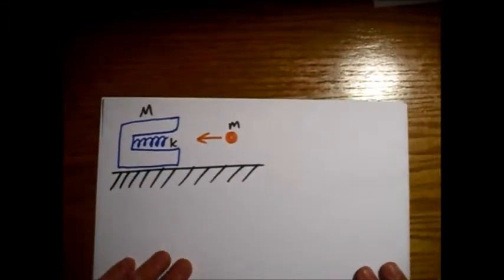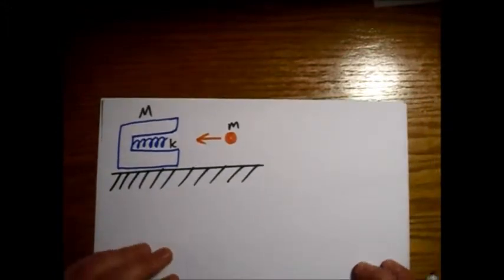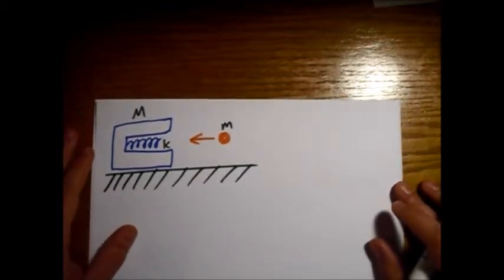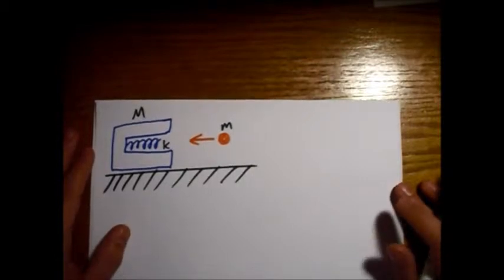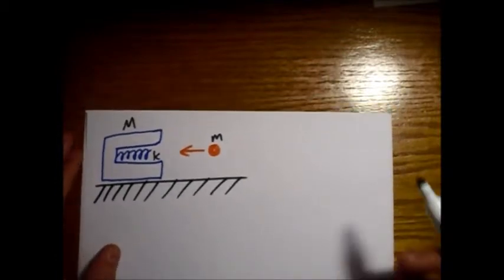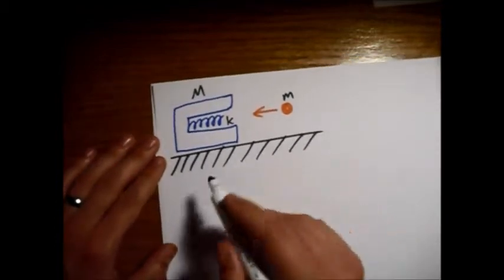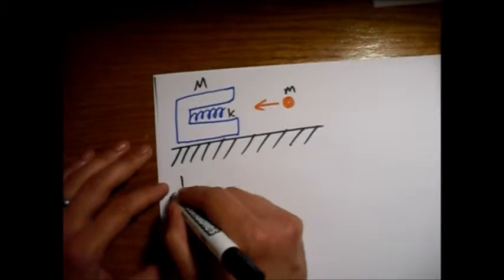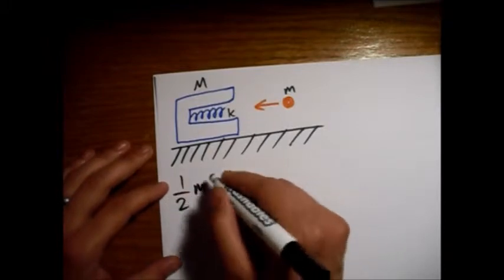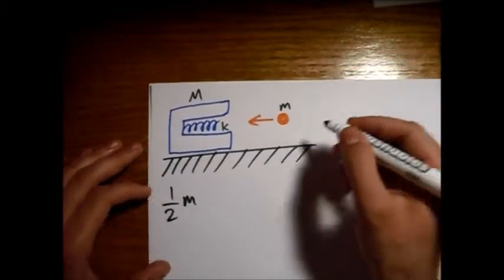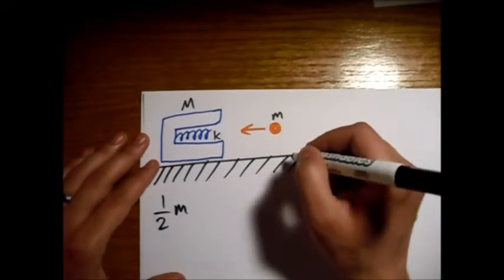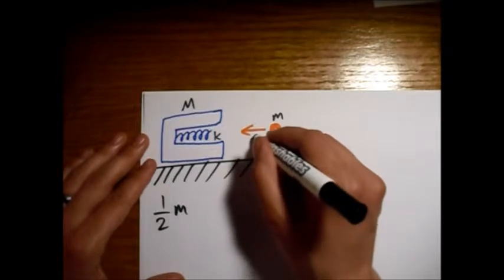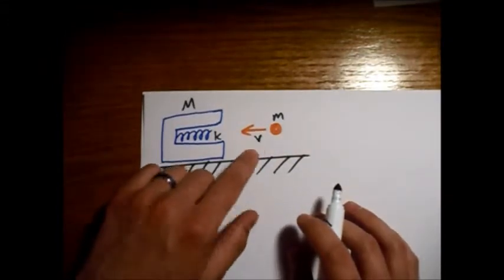Alright, so now that we know what we're looking at, we'll go the normal route of using conservation of energy and conservation of momentum to get this equation. So if we start with conservation of energy, the initial energy is 1/2 little m, and we're going to call the initial velocity just v.